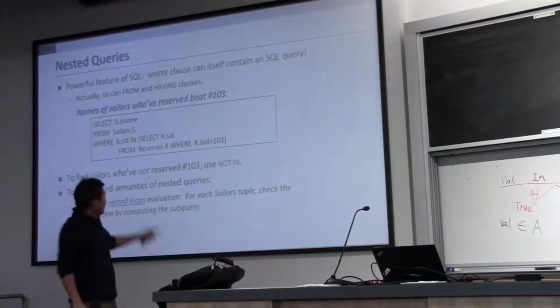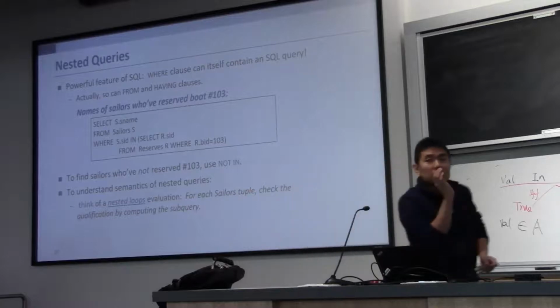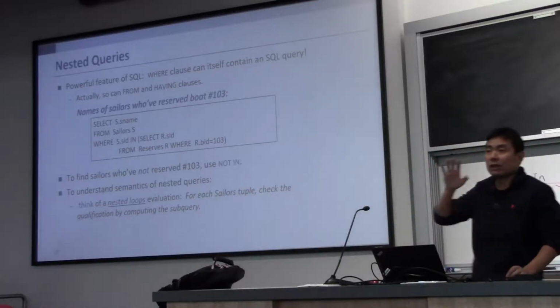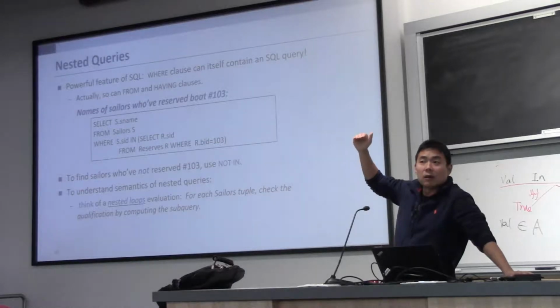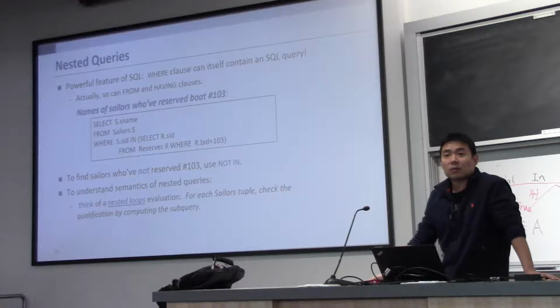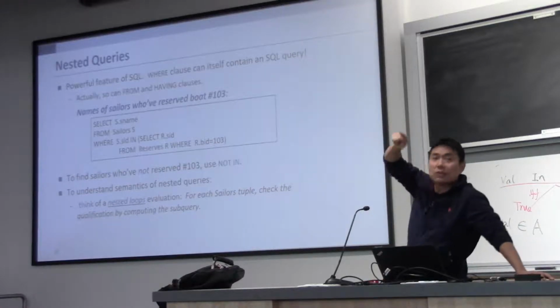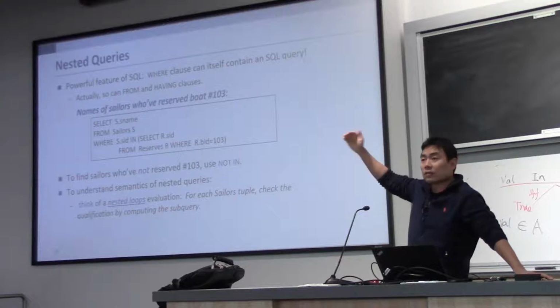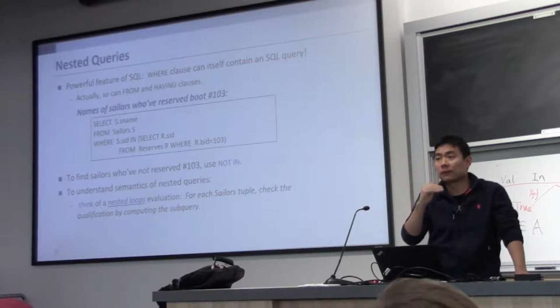Okay? Now, the outer block, the critical observation is you simply view the outer block as a for loop. So you read this as, for each sailor in the sailors table, I'm going to iterate through every sailor, like a for loop.